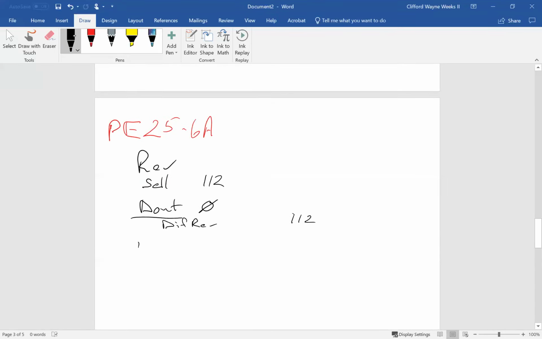When we look at the cost, sell or don't: if we sell this, we're going to incur $80 plus that export fee or tariff of 30%. The selling price was 112 times 0.3.